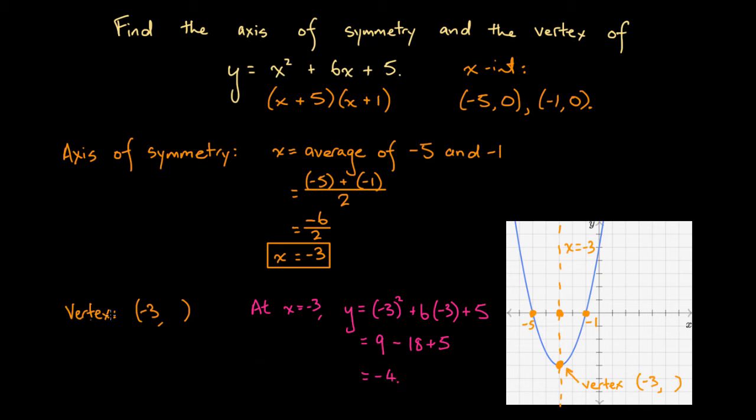In other words, we can write the vertex as -3, and the y-coordinate is going to be -4. So we can fill out this point as -3, -4. Thus the vertex here is -3, -4. And that's how to find the axis of symmetry and the vertex of a quadratic function.